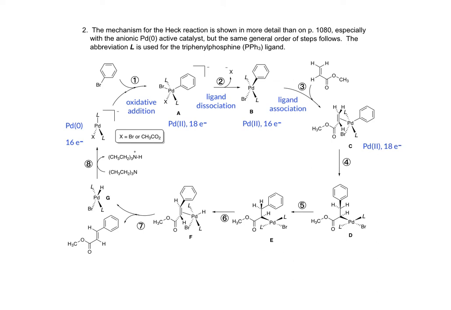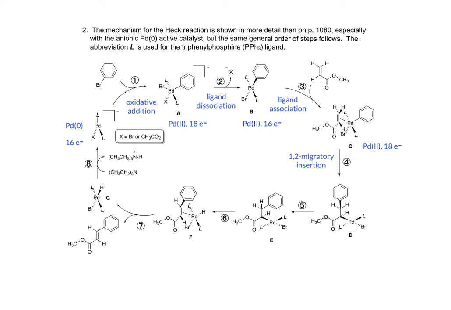The fourth step is 1,2 migratory insertion of the phenyl ligand onto the alkene ligand. This occurs with selectivity for the carbon ligand adding to the terminal carbon of the alkene ligand, and palladium is on the carbon adjacent to the carbonyl.